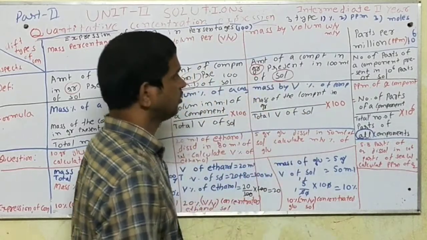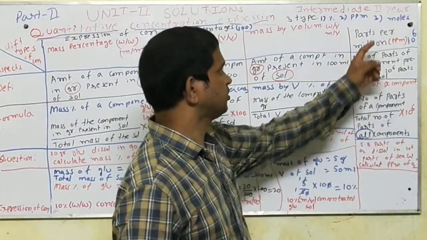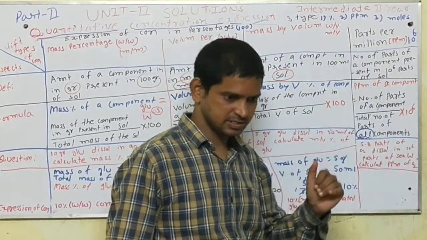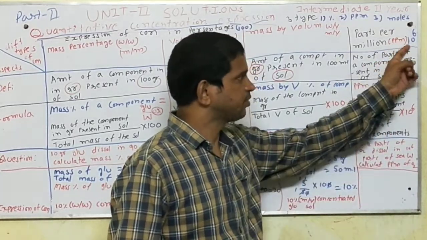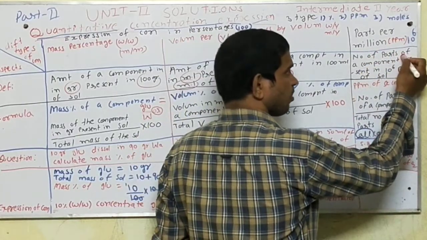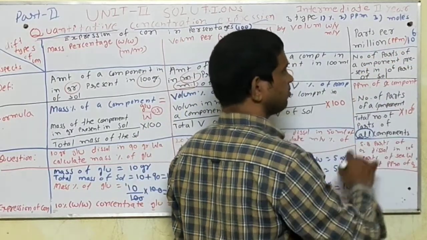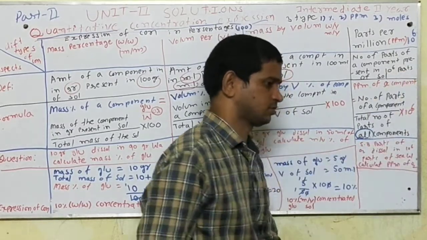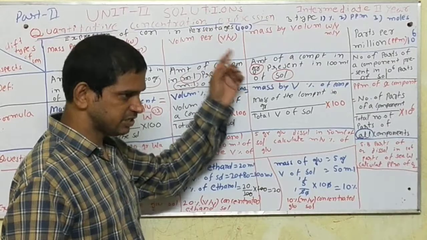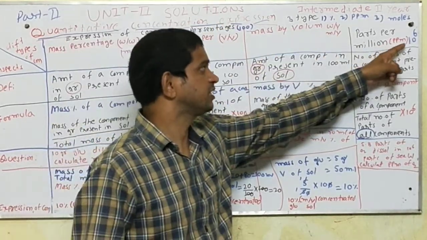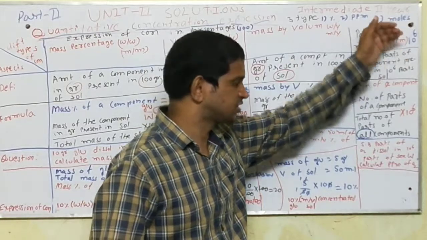Now I am going to discuss parts per million. Million means 10 lakhs, that is 10 power 6. In this, the number of parts of a component present in 10 power 6 parts of a solution. Earlier we expressed in terms of 100; now we are expressing in terms of 10 power 6.